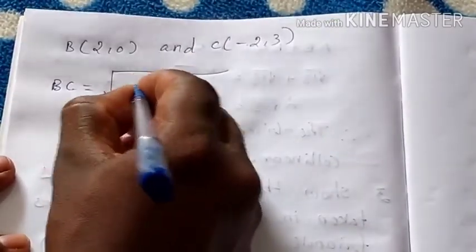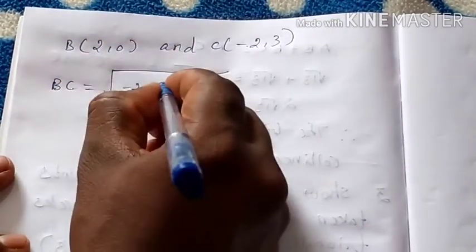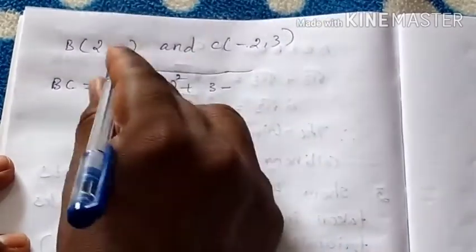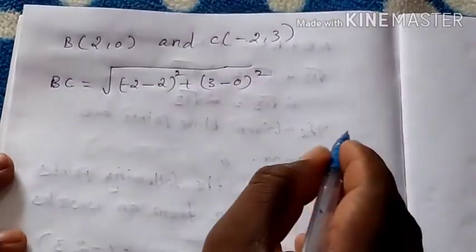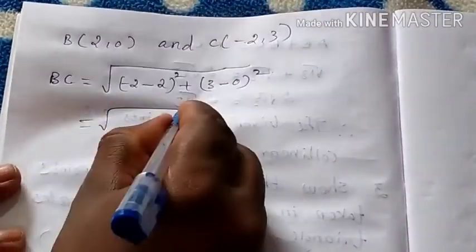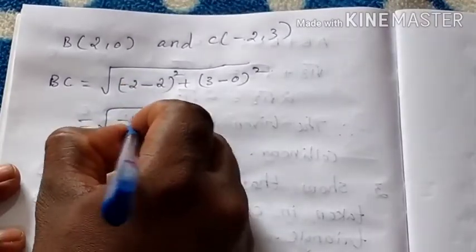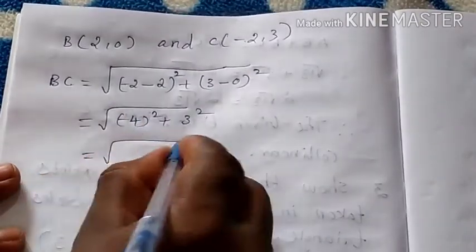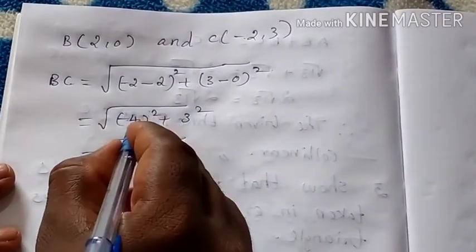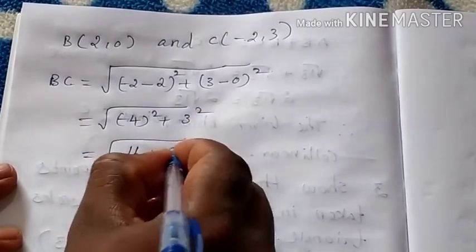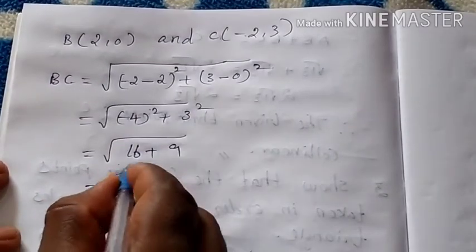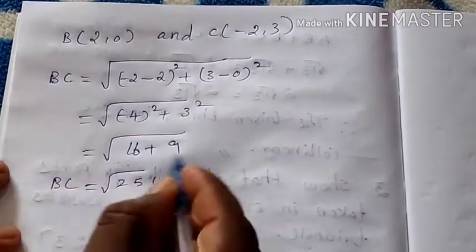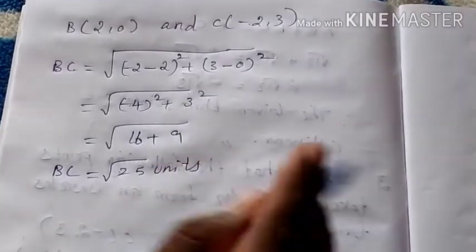This is x2, so minus 2 minus x1 is 2 the whole square plus y2 value is 3 minus y1 value is 0 the whole square, which is equal to the square root of minus 2 minus 2, totally minus 4 the whole square plus 3 minus 0 is 3 square, which is equal to the square root of 4 squared, 16, plus 3 squared, 9, which is equal to the square root of 16 plus 9 is 25 units. So the BC side is also root of 25 units.